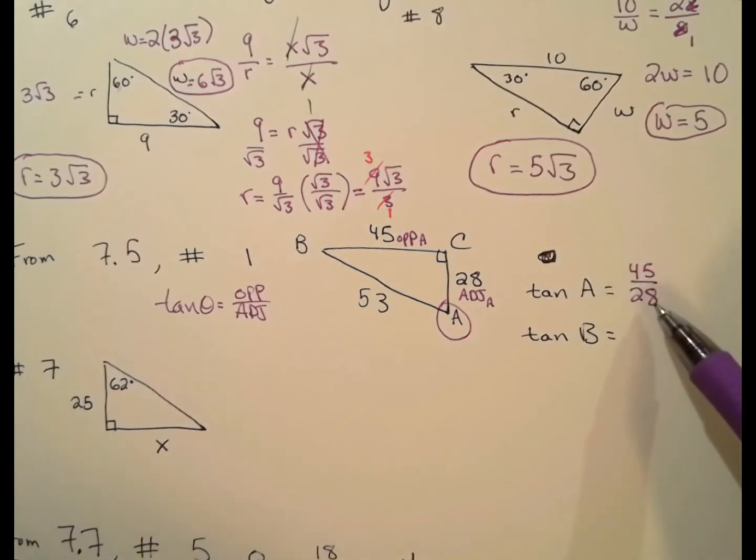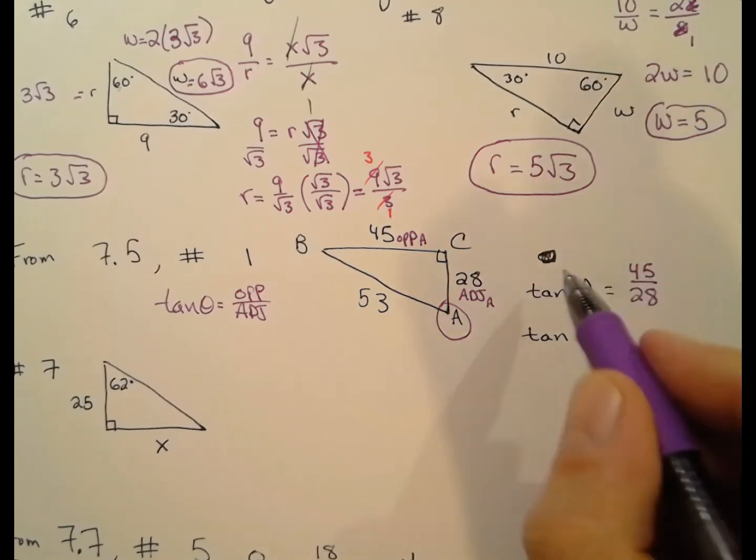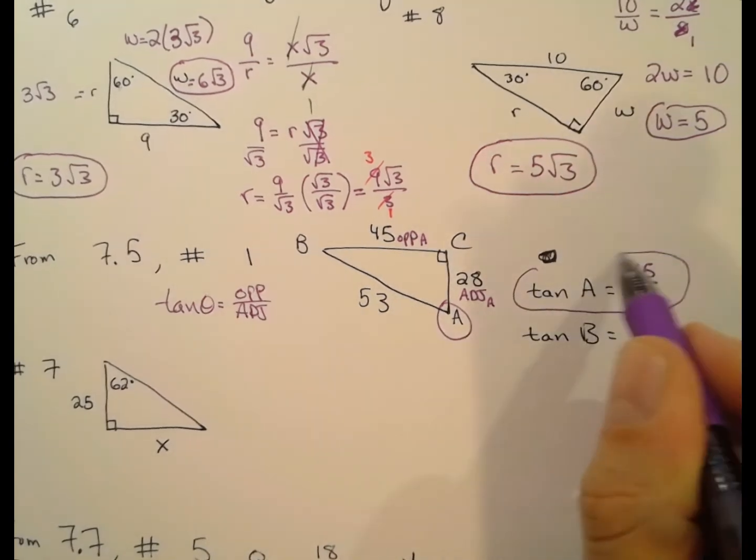And let's see, 28 is 2 times 2 times 7. None of those are factors of that, so we cannot simplify that. That's literally it.